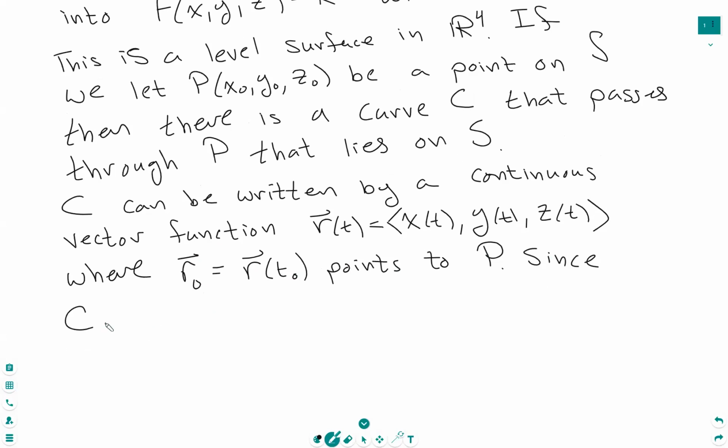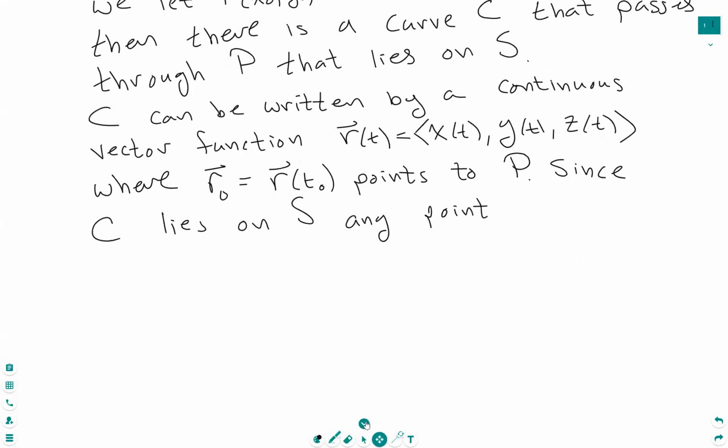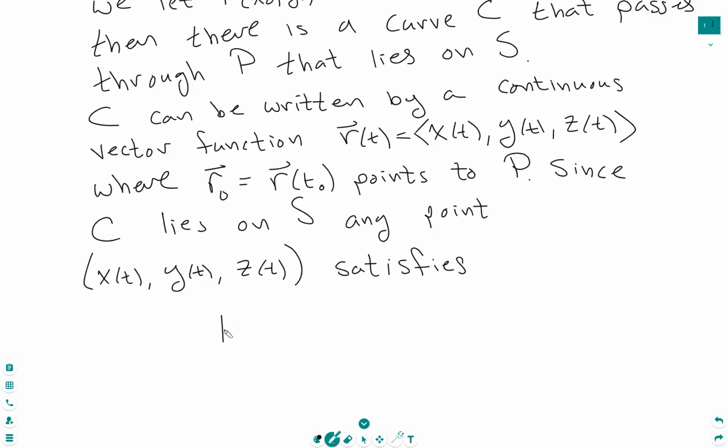Since the path C lies on our surface S, any point (x of t, y of t, z of t) satisfies that if we plug in x of t, y of t, and z of t into our R4 function, this capital F, it's still on the level surface.